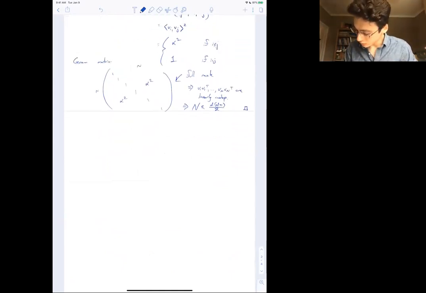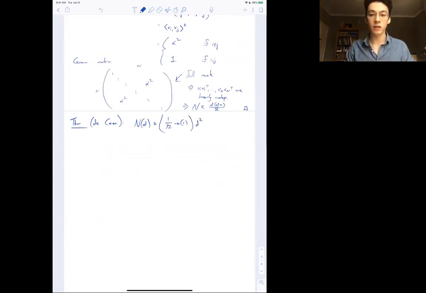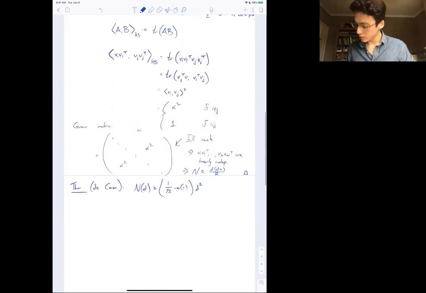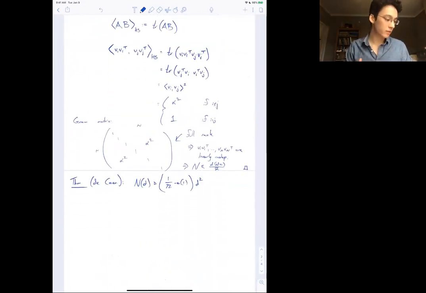But this result was proven by Decane in 2000, I believe, who gave a construction of a set of equiangular lines which does essentially quadratic growth. So combining this construction with the previous upper bound, we see that n of d is always quadratic, which essentially resolves the problem, though there's, of course, many more things you could ask, such as what's the right leading order.